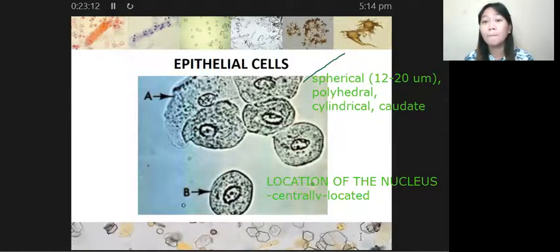Maybe the manner of collection of the urine sample is via catheterization. If an invasive urologic procedure was performed on the patient, there will be an increase in transitional epithelial cells.